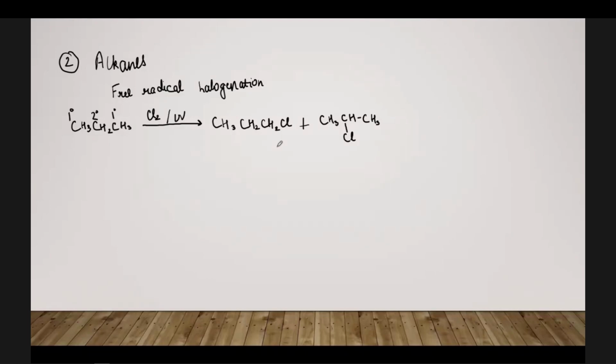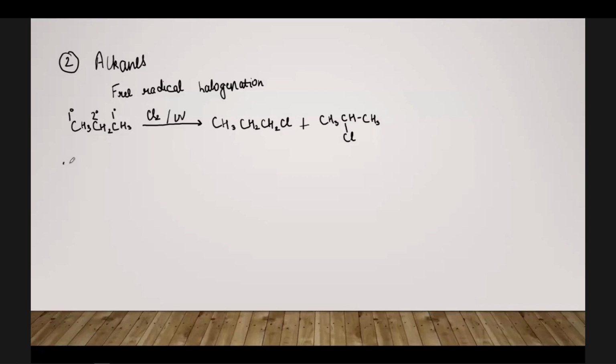Because if we need only one kind of alkyl halide, we need to separate that alkyl halide from the remaining isomers, which is a problem. They are not easily separable. So that is why this method is not preferred.